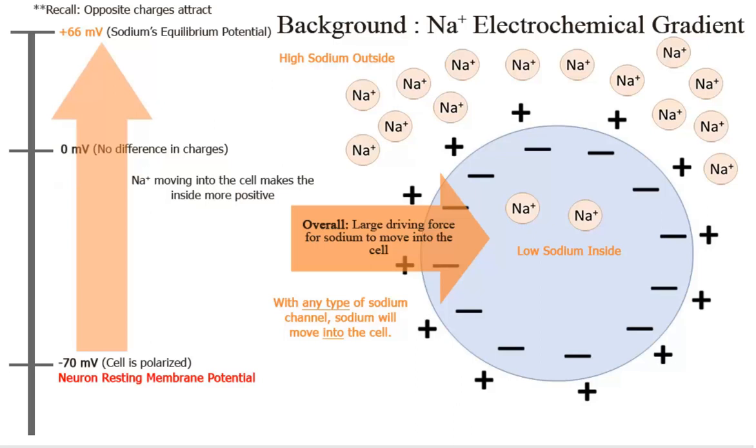It wants to take that cell membrane from minus 70 millivolts all the way up to plus 66 millivolts, at which point you actually have more positive charges on the inside of the cell than on the outside. All right, so keep in mind that when you open a sodium channel, and it doesn't matter what kind, sodium rushes into the cell and causes depolarization. So that's fact number 1 to keep in your head.